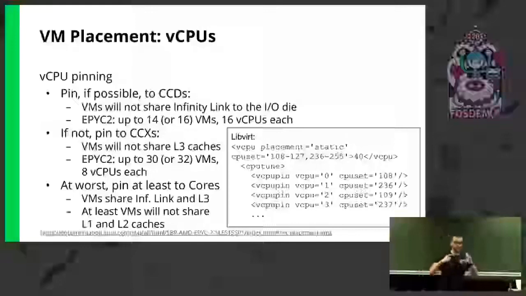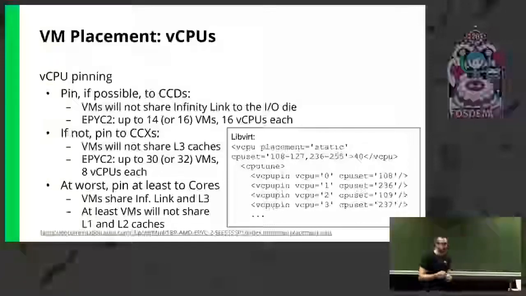Because in this way you won't have two different VMs which will have to share the bandwidth of the Infinity Fabric link from the CCD to the I/O die. This means that if you do that, you will be able to configure up to either 14 or 16 VMs, depending on how many CPUs you leave to the host on an EPYC2 platform like the one I showed at the beginning.